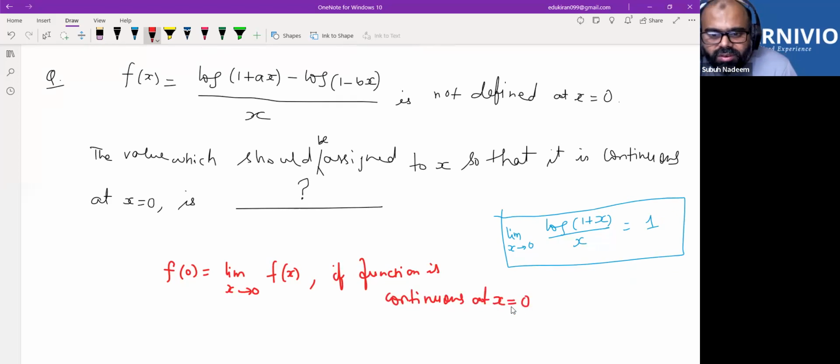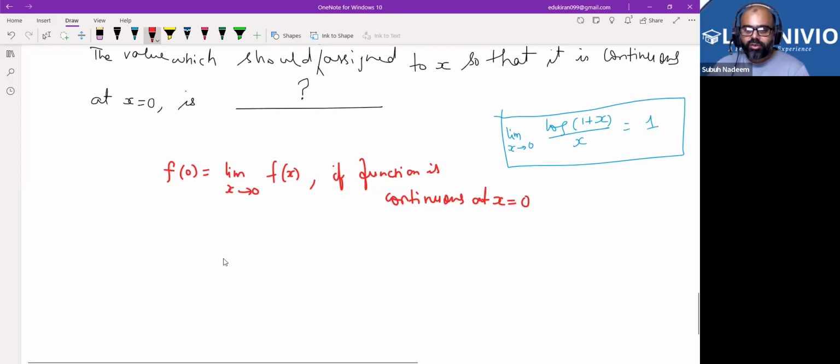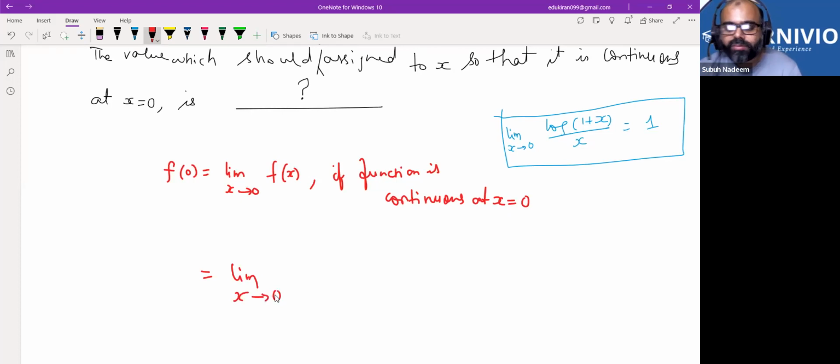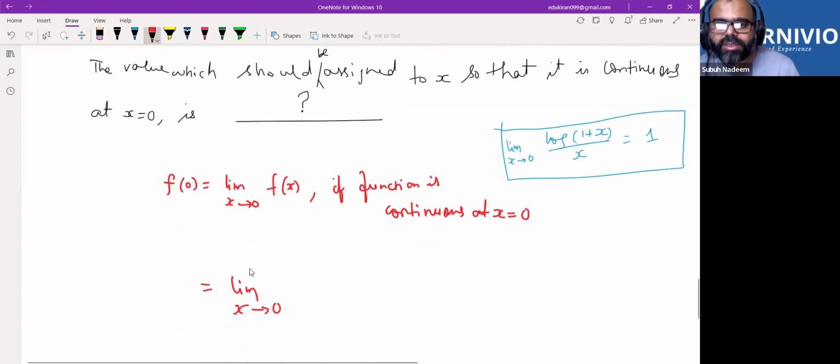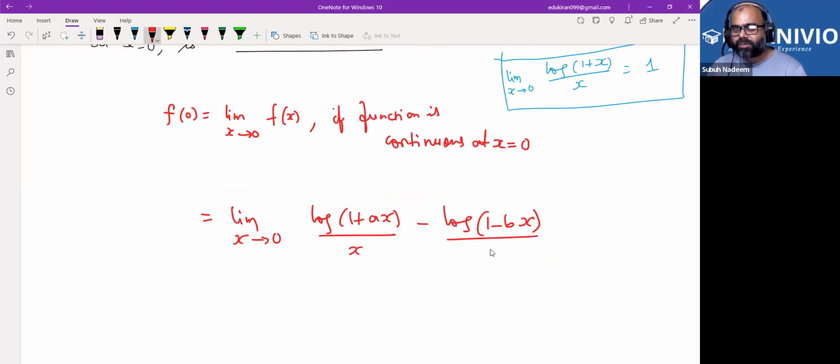Now, what is limit x approaching 0 f(x)? That means limit x approaching 0 f(x) is log 1 plus ax minus log of 1 minus bx upon x. So can we separate x in both of them and make it plus and bring minus here?